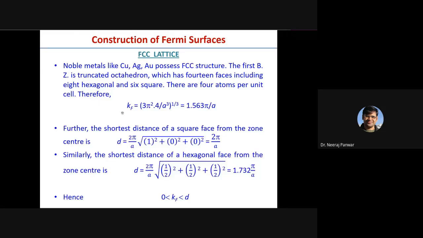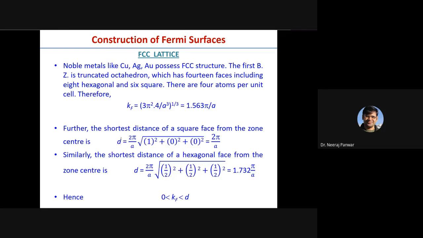There are 4 atoms per unit cell in an FCC structure. We know that. Therefore, the radius of the Fermi sphere would be (3π²·4/a³)^(1/3), and if we calculate it, it comes out to be 1.563π/a. Now, because we have different faces, 8 hexagonal faces and 6 square faces, we need to find the distance from the origin to a hexagonal face and the distance from the origin to the square face.